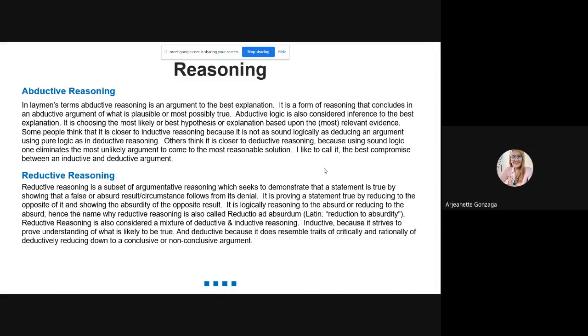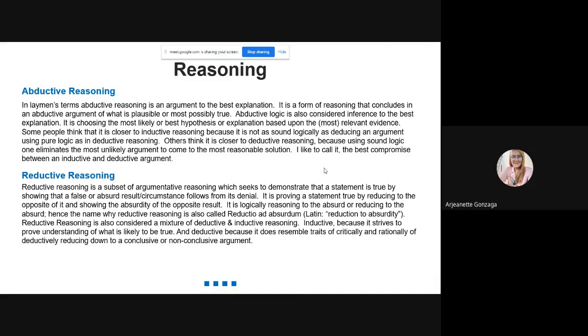So si reductive naman, reductive is the subset of argumentative reasoning which seeks to demonstrate that a statement is true by showing that a false or absurd result or circumstance follows from its denial.